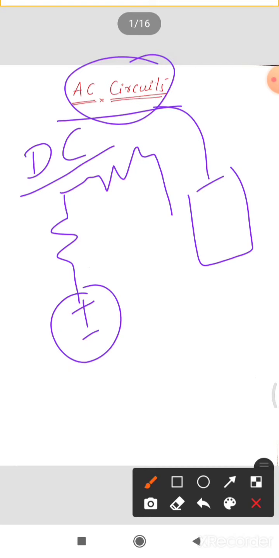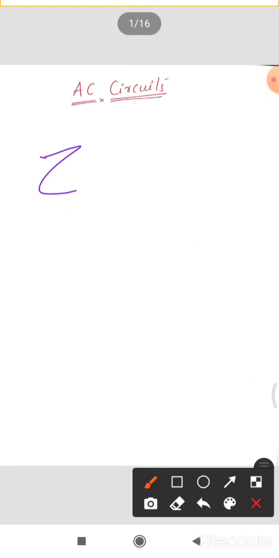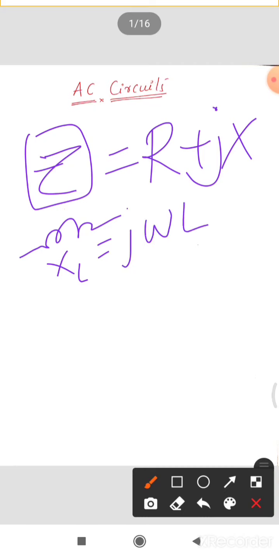The main thing we will be dealing with is Z. Z is equal to R plus jX. If we have an inductance, the inductive reactance XL is calculated as j omega L, so Z is R plus jXL.